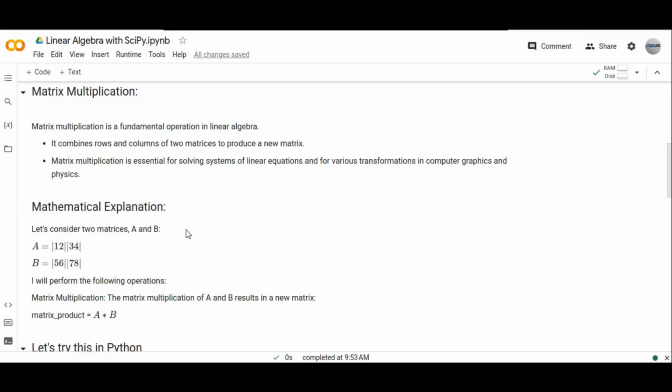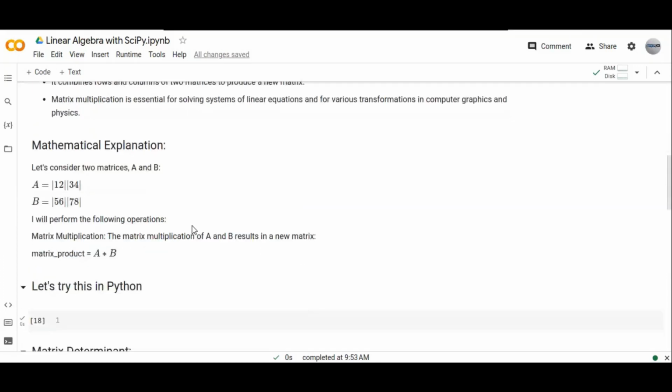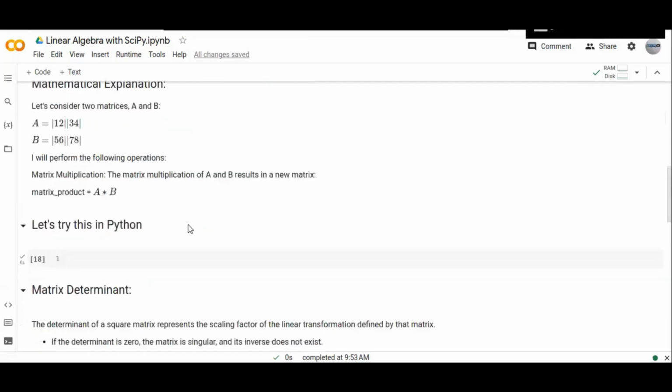So this is a mathematical expression of two-dimensional arrays or matrices. Basically, a matrix is a two-dimensional array, but a vector is a one-dimensional array. I have already explained that in the first video.